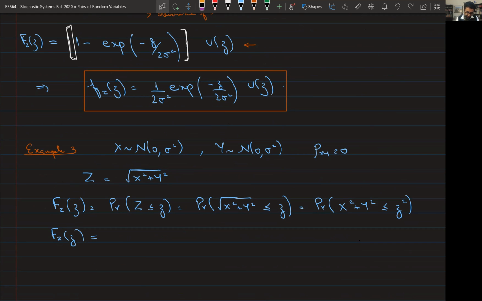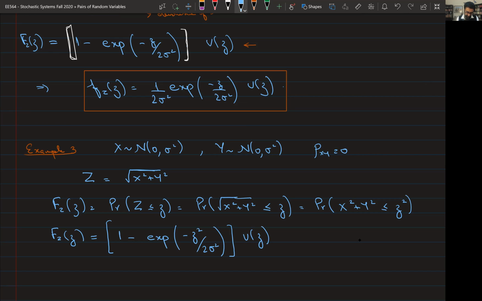And I'm going to get the CDF, and the CDF turns out to be 1 minus e raised to power minus z squared by 2 sigma squared, times u of z. And the reason is because the radius is always positive, or the radius is always non-negative.